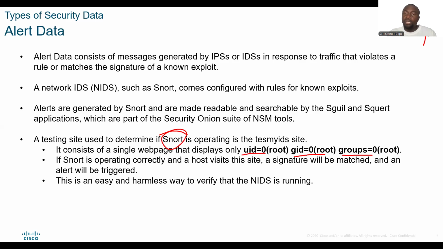When we say open source, it means the code is available for you to be able to play around with. It's an IDS system which was later acquired by Cisco Systems.